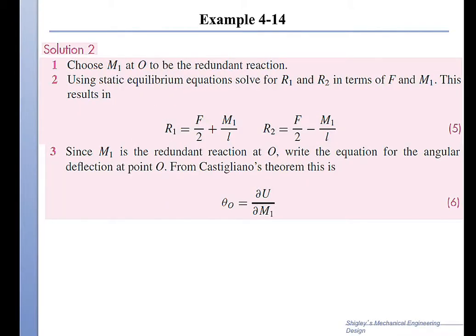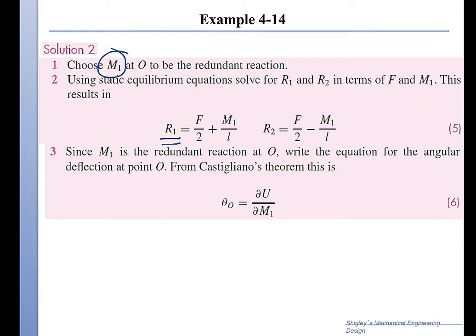So I'm going to choose this solution method. In this case I switch to another redundant, and the other redundant that I'm choosing here is M1 at O, the redundant reaction. It's pretty much the same whether you use R2 or R1 or M1, because they're related.